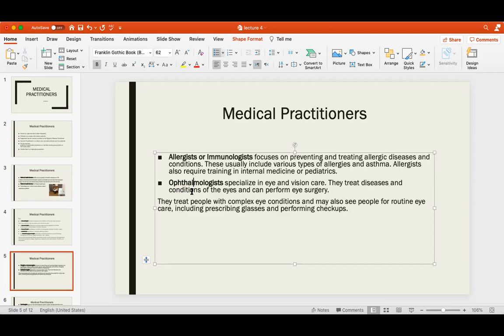They treat diseases and conditions of the eye and can perform eye surgery. So ophthalmology means علم البصريات in Arabic. They treat people with complex eye conditions and may also see people for routine eye care, including prescribing glasses and performing checkups.